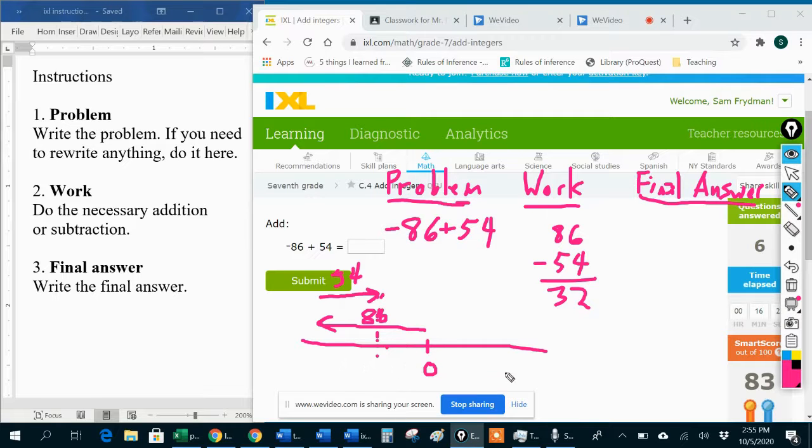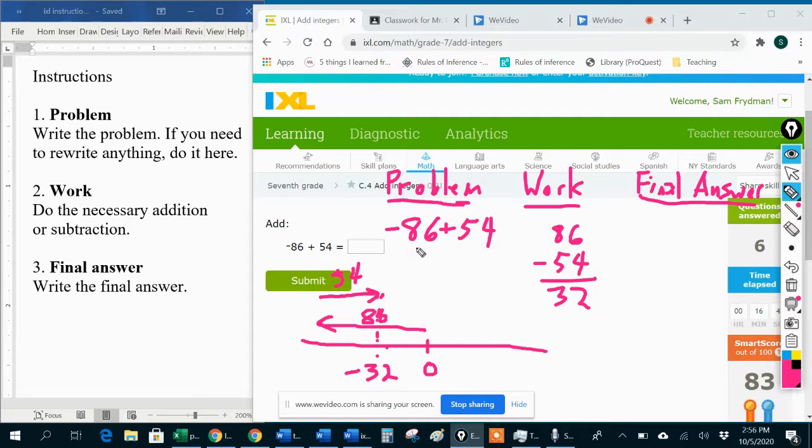This is the negative side, this is the positive side. So my answer should be a negative 32. If I go 86 spaces to the left and then 54 spaces to the right, if you actually want to do all this on a number line, be my guest, but it's going to take a long time. You would end up at negative 32, okay?